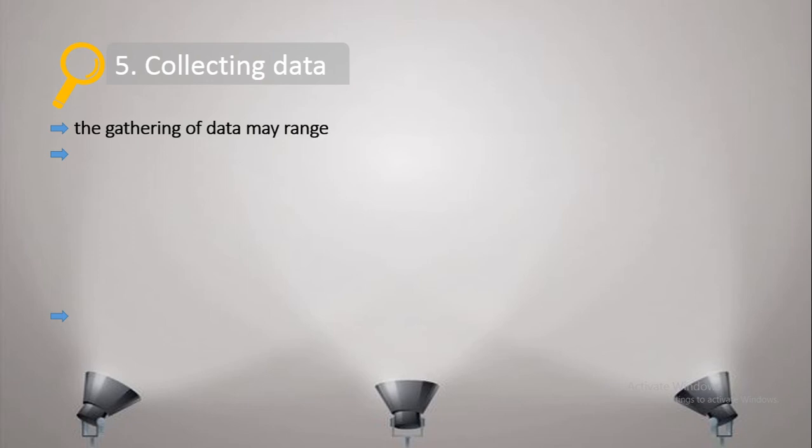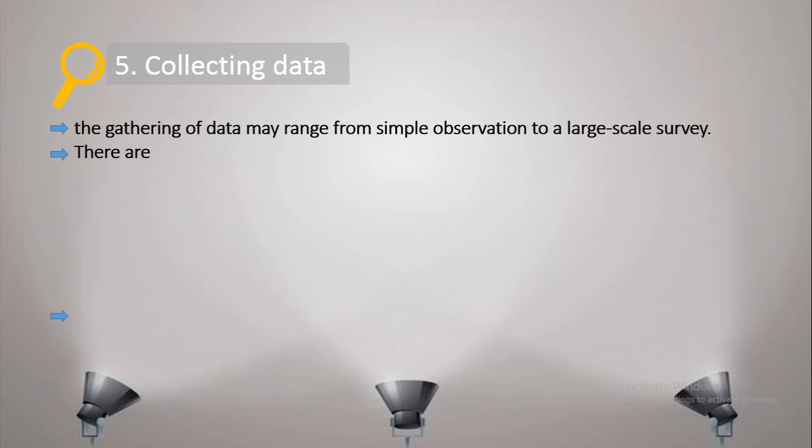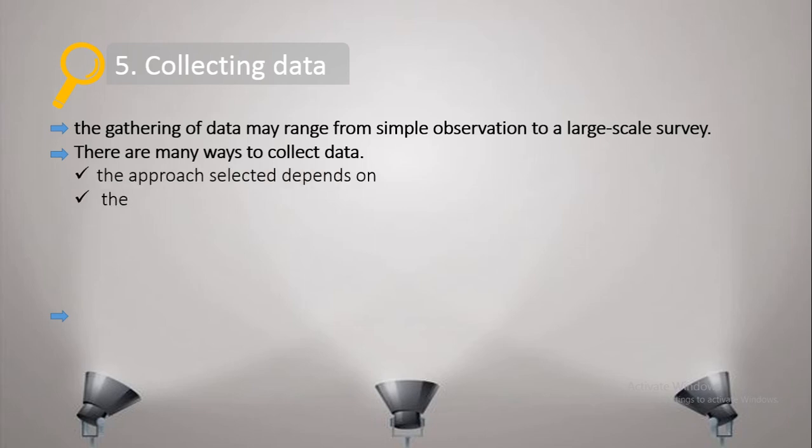The next step is data collection, which consists of gathering of data. It may range from simple observation to a large scale survey. Just simple observation is the most economical and easiest way of conducting a research, while a large scale survey can be conducted only by an organization or at government and non-government organization level. There are many ways to collect data.